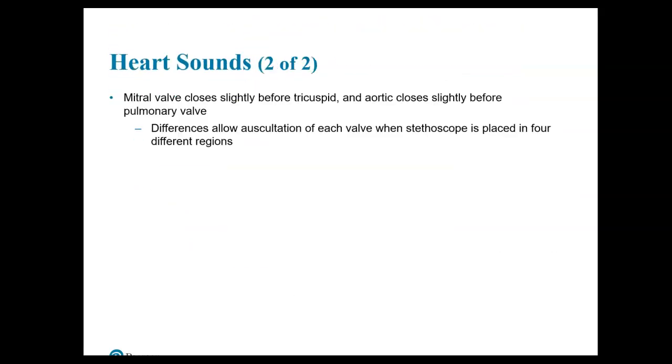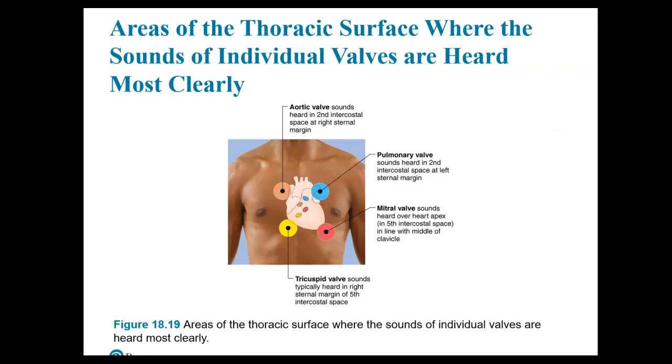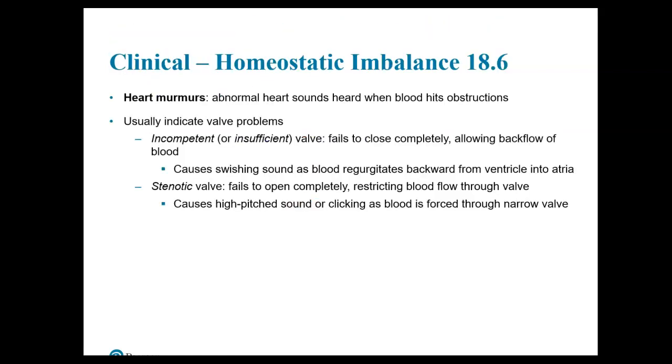Oh, this does talk about heart sounds. Okay, so heart sounds. Heart murmurs are abnormal heart sounds, and that can be caused from a mitral valve prolapse or incompetent or insufficient valve. It causes a swishing sound because the blood regurgitates back into the atria from the ventricle.